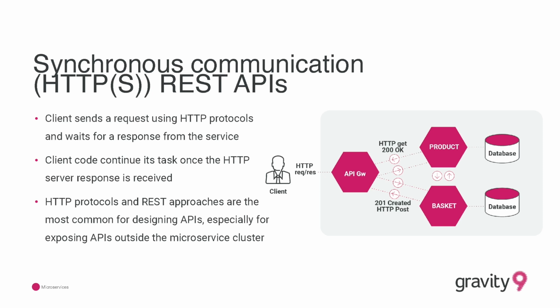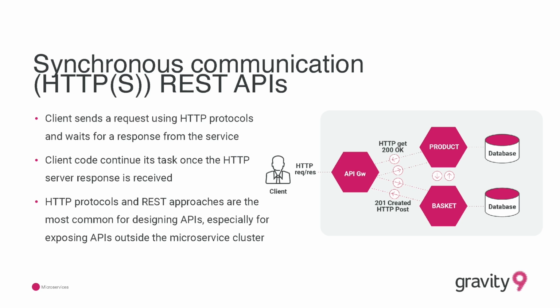Here the client sends a request via HTTP and waits for the server's response. Within a microservice architecture, under the hood, the service receiving the request processes it, often calling other services or accessing databases. After processing it, it constructs a response and sends it back to the client.